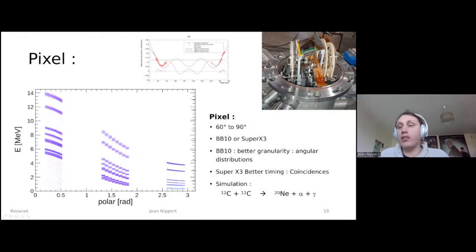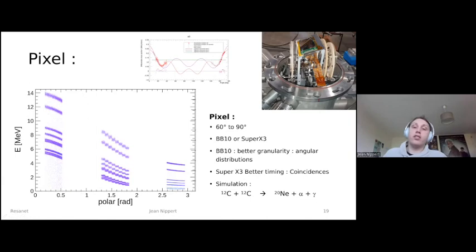And the pixel detector now covers around 60 to 90 degrees. So it will very nicely help us to restrict this part of the spectrum, this part of the data, and we will be able to restrict very well the Legendre polynomials.